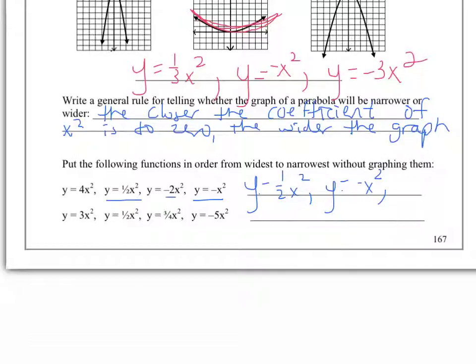Okay, then with the 2 as the coefficient, y equals negative 2x squared. And then finally, y equals 4x squared. Okay, so don't worry about the negative or positive here. This is just telling us which direction the graph is opening, whether it's opening up or down. Okay, so can you pause the video for a moment and try this one on your own?